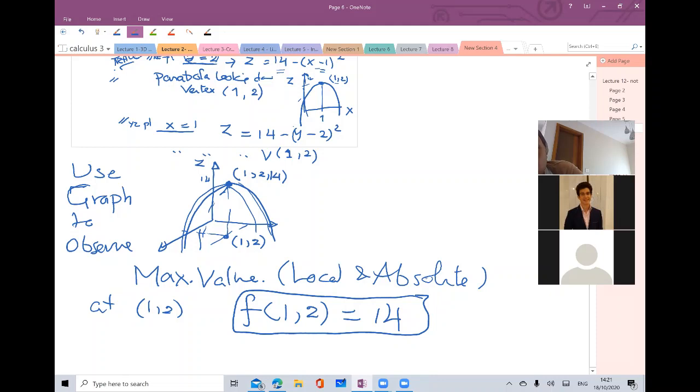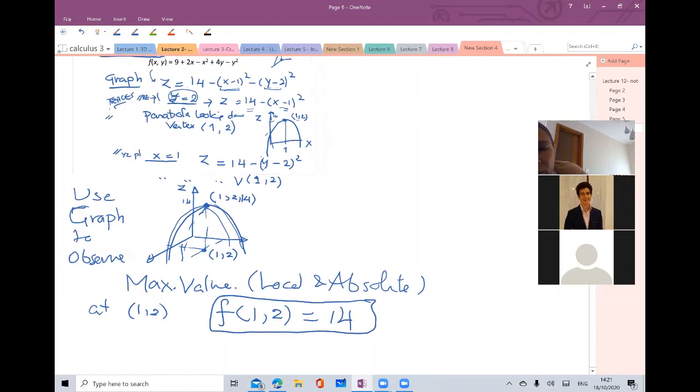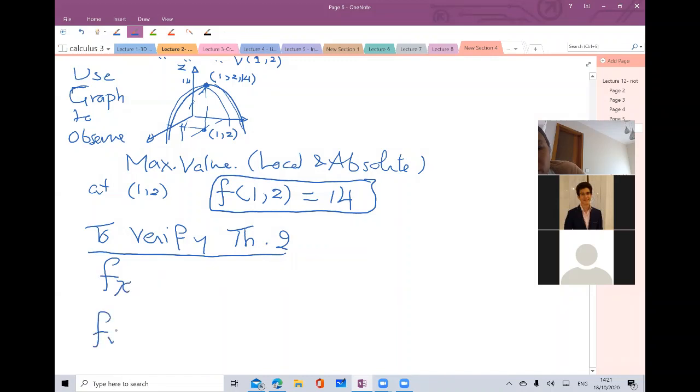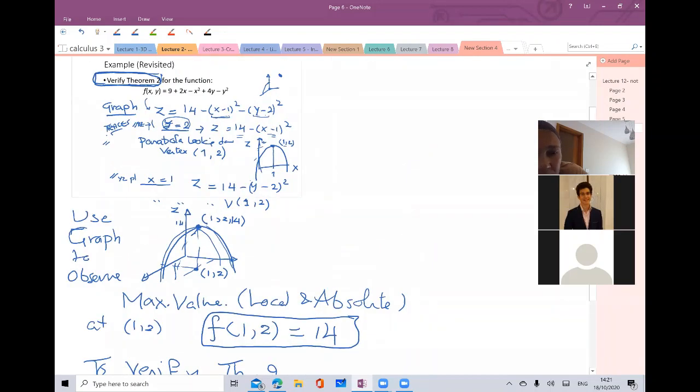Okay? Now I have some information from the graph. I have my maximum at this point. What do I need to do to verify theorem 2? I need to go fetch my partial f partial x and partial f partial y, and plug in the point, so that I can say it really is a maximum, okay?